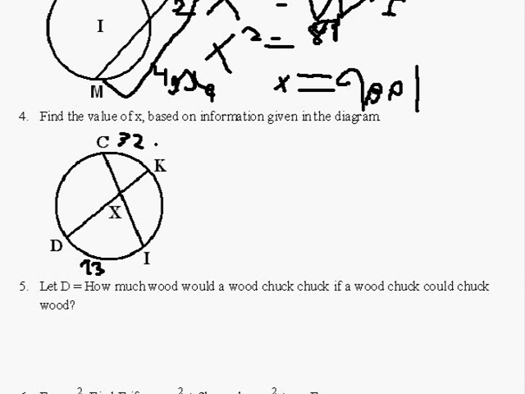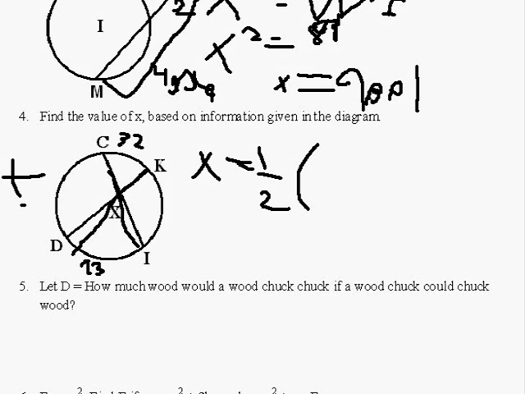Now, what does that mean? I don't know, but that means we have x equals 1/2 of the sum, and the easy way to remember this is because these lines are crossing, so it looks sort of like a plus sign.